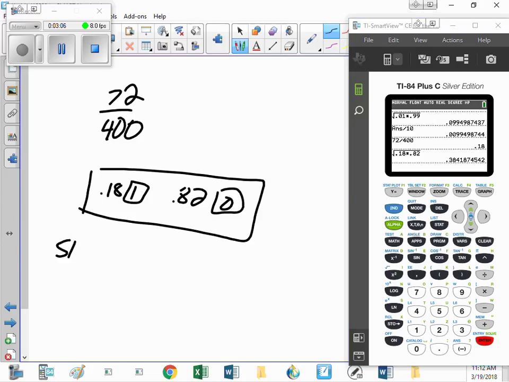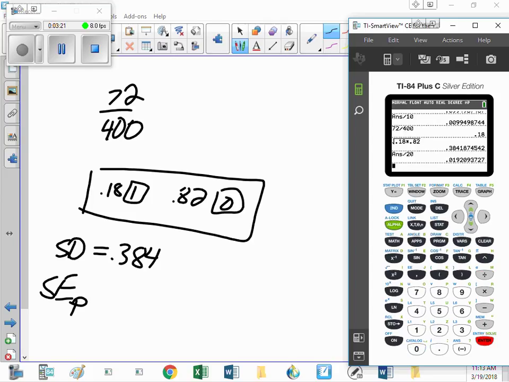And I get an SD of 0.384. I want an SEP, so I'm going to divide this by the square root of 400, which is 20, and I get 1.92%.